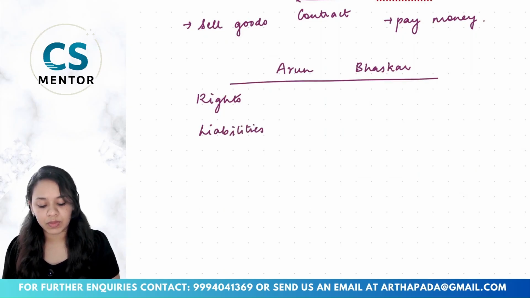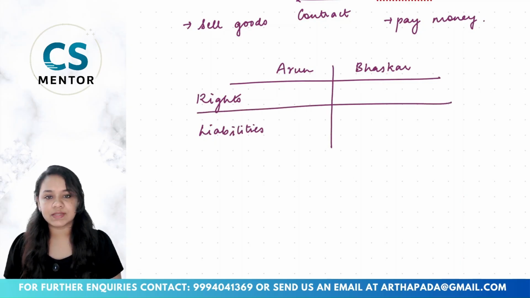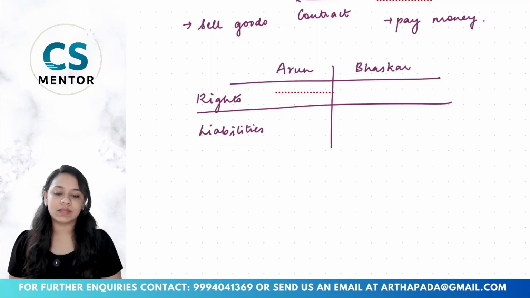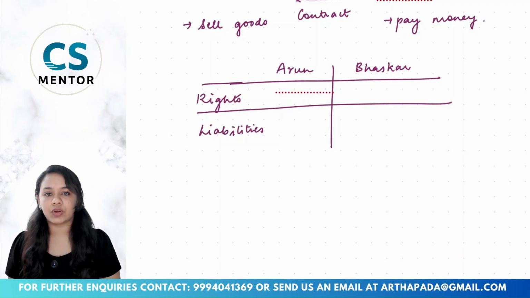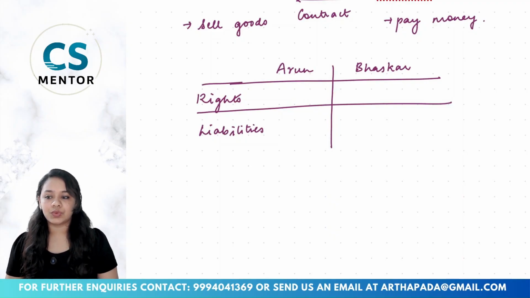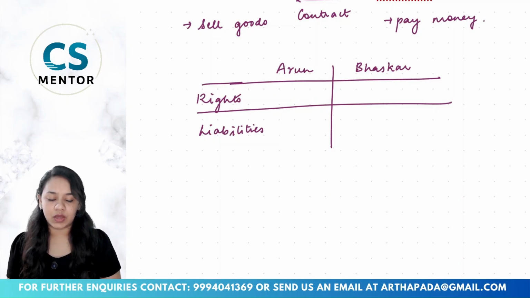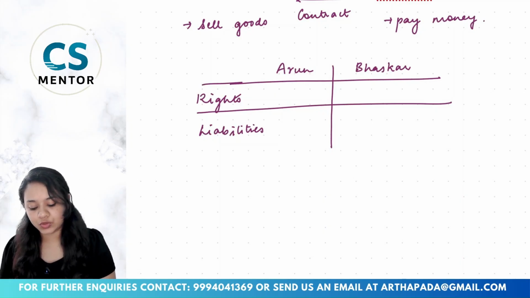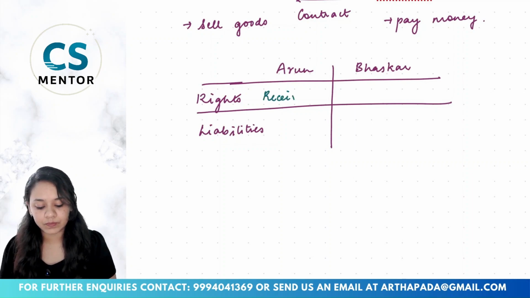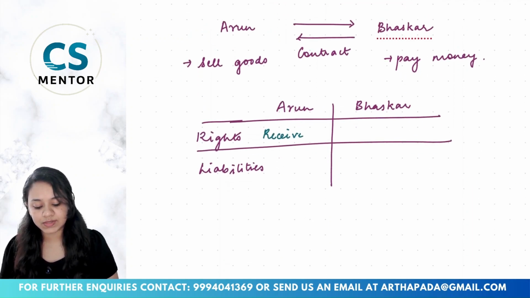Okay, so when we make a simple table like this, we start to understand what we mean by rights and liabilities when we're talking about contract law. So, with respect to Arun, Arun has a right to do what? Arun has a right to receive. So, Arun is selling goods, so he has a right to receive money.